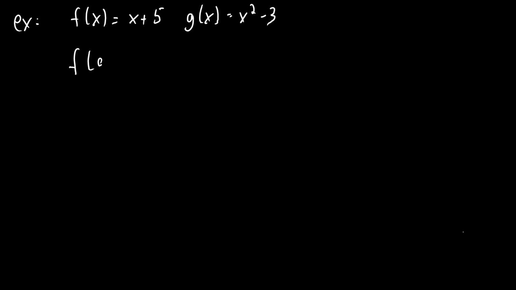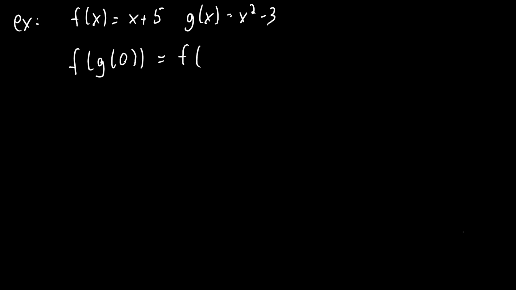All right, let's try an example where x is defined. So let's define our f of x equal to x plus 5, and our g of x equal to x squared minus 3. And let's solve for f of g of 0. Okay, so let's plug 0 into our g of x.